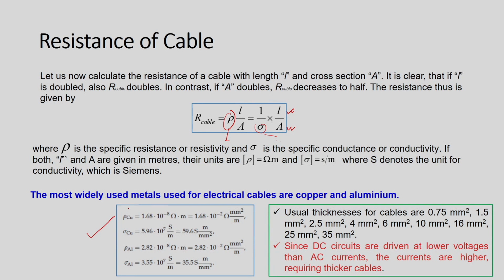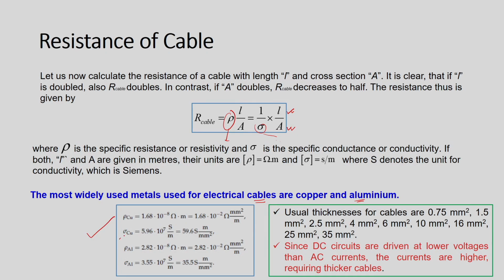This block shows the values of rho for copper and aluminum, because mostly copper and aluminum cables are used in applications. The resistivity of copper is 1.68 into 10 to the power of minus 8 ohm meter.